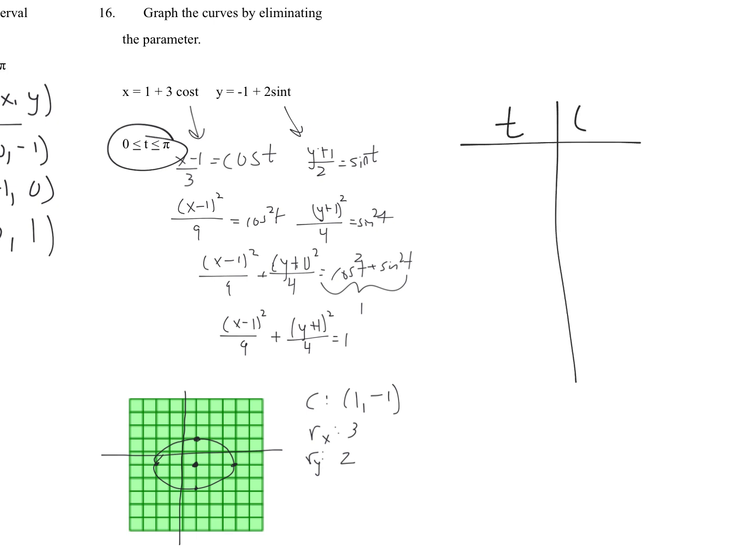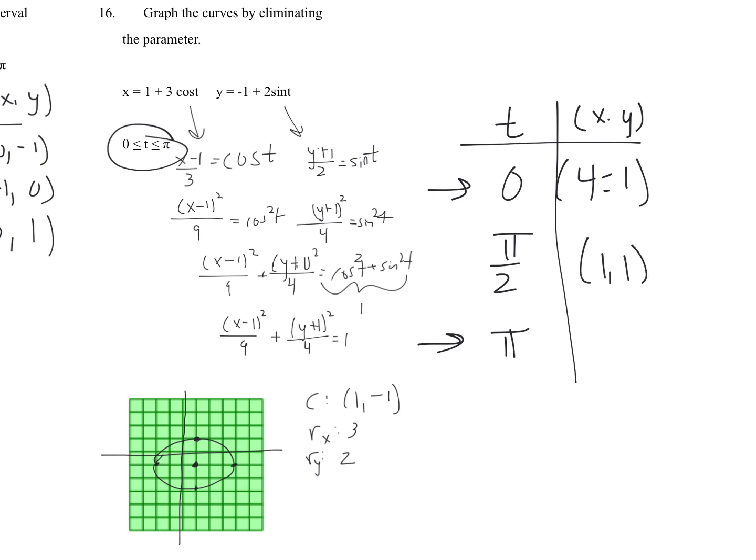So if I just get the 3 coordinates that make most sense here, 0, pi over 2, and pi, showing start, middle, stop. Plugging in 0, I get the coordinate 4, negative 1. Pi over 2 gets me 1, 1. And pi gets me negative 2, negative 1. So 4, negative 1 is here.